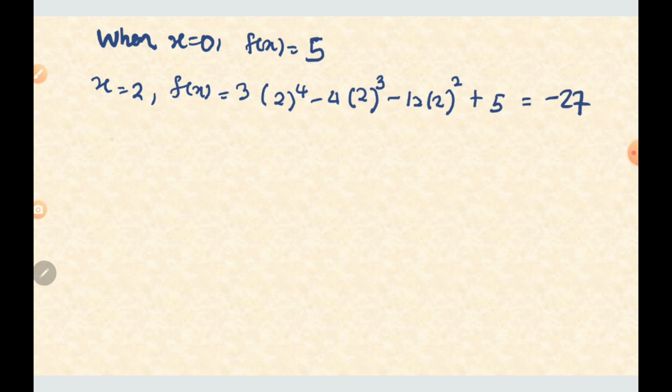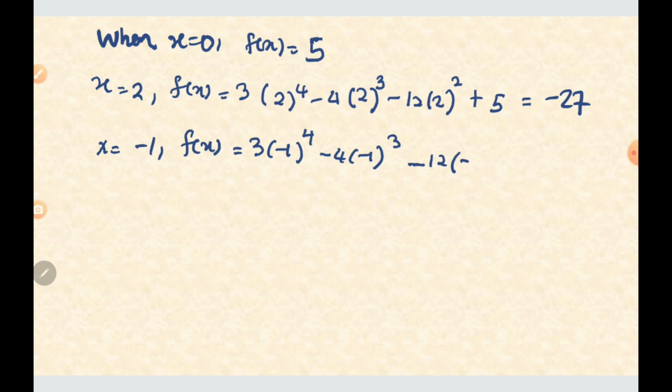Okay, and lastly, when x equals negative 1, f(x) will become 3 times negative 1 to the power of 4 minus 4 times negative 1 cubed minus 12 times negative 1 squared plus 5, and the answer is 0.